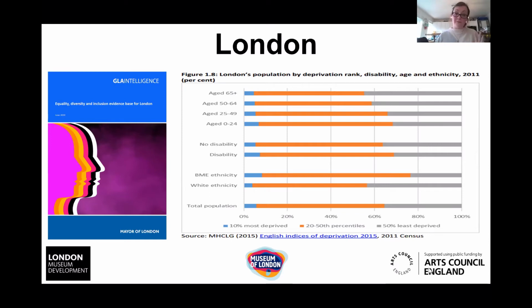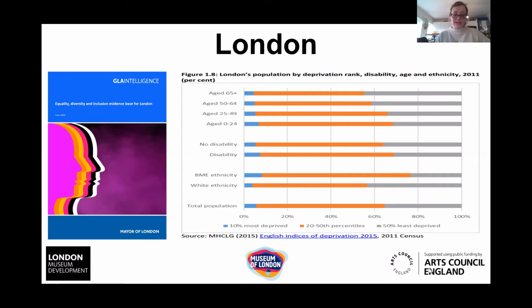However, despite being the smallest age group in London's population, the number of Londoners over 65 is projected to increase by 86% by 2050, which is faster than any of the other age groups. So we are an aging population, as it were.